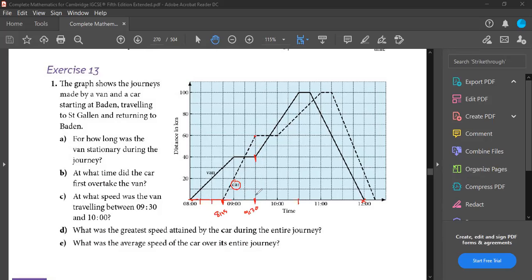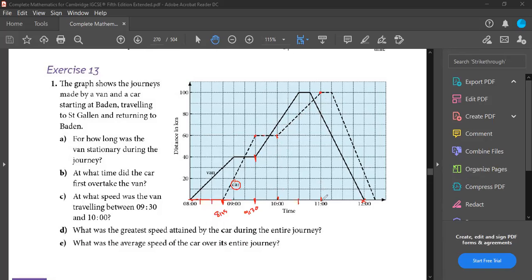9:30. The car stopped for 30 minutes. What are you expecting they are doing? They're refilling the car gas, and they're taking a rest. Then at 10 sharp they start accelerating, but slower than before, until 11.